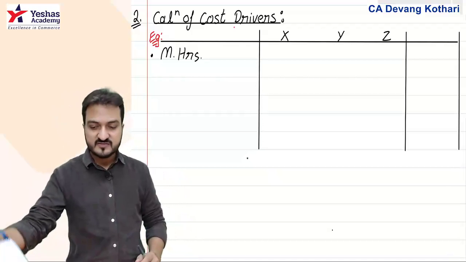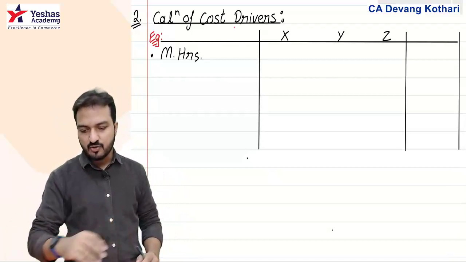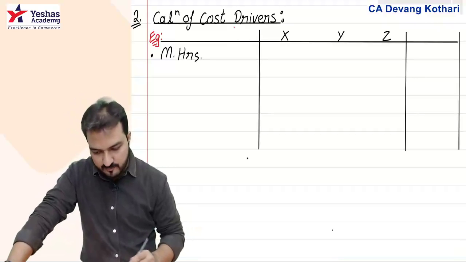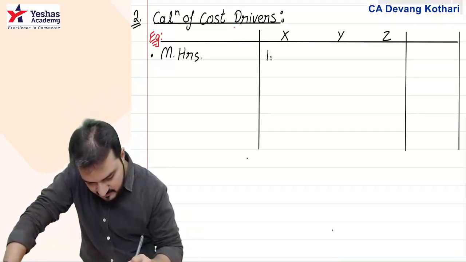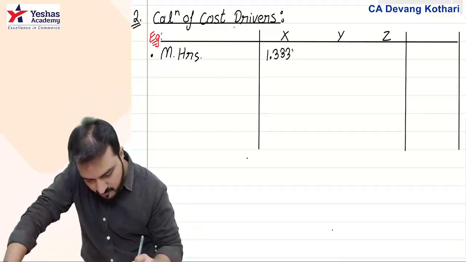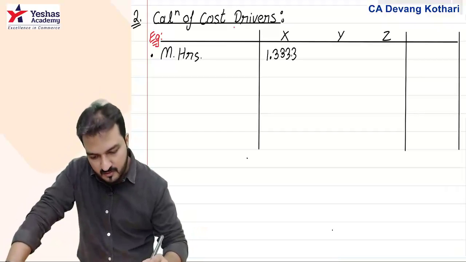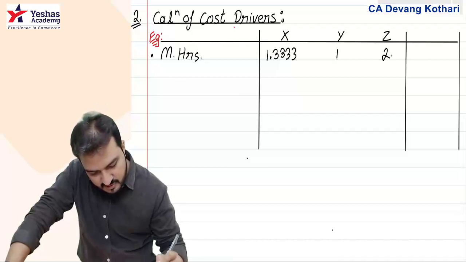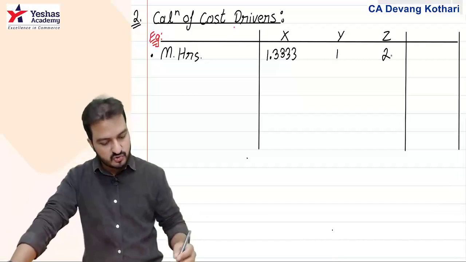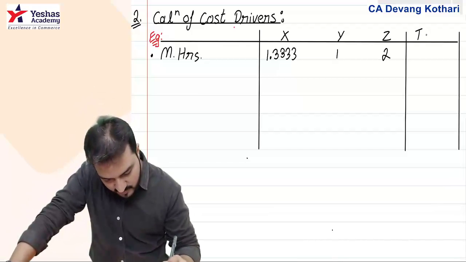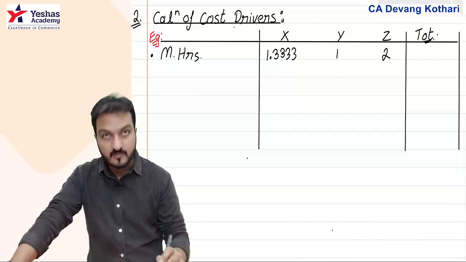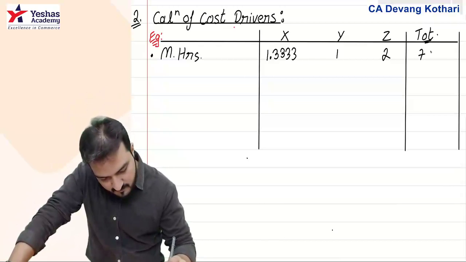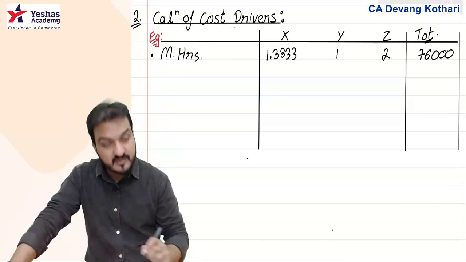Okay, now in this question you notice that the machine hours given for product XYZ are like this. Machine hours of X is 1.3333, machine hours of Y is 1, machine hours of Z is 2. And you are also given the total machine hours of the entire company as 76,000.